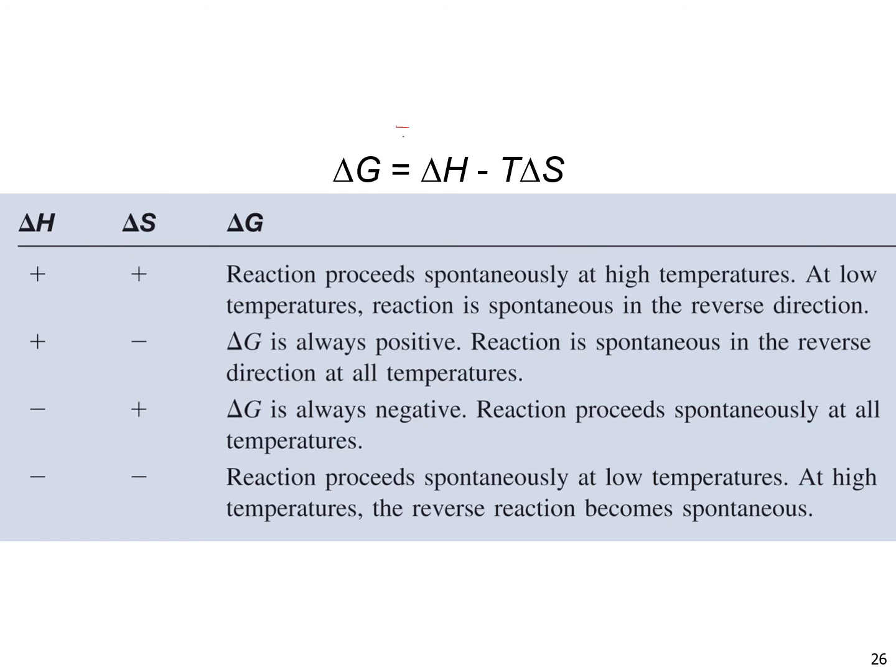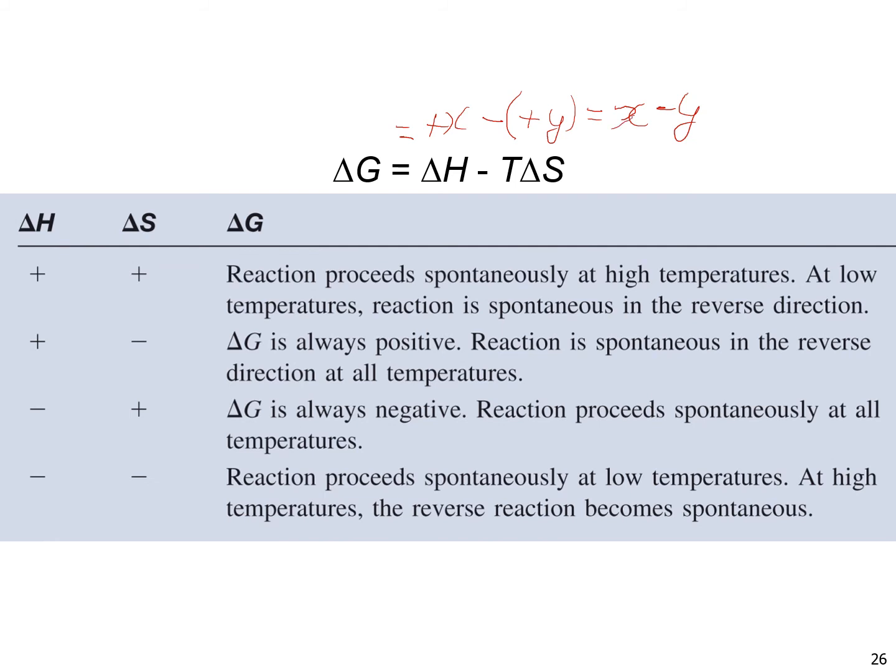Delta G is going to be equal to, delta H is positive, so it's plus X, minus temperature, which is always positive, so we can ignore it. Delta S is also a positive value, so plus Y, correct? That would give me X, which is a positive number, minus Y. Now what do I know here?